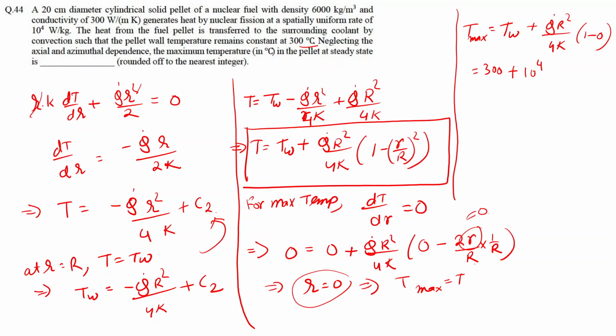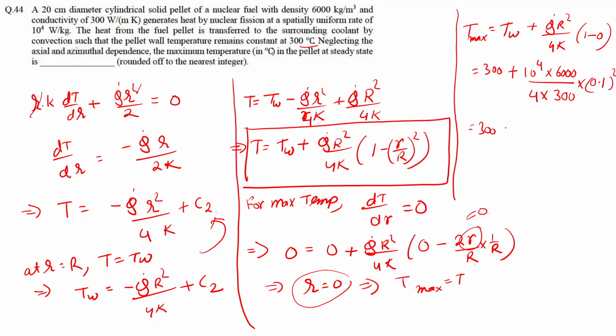Now this I need to change into suitable units, so I will just multiply it by the density: 10 raised to 4 into 6000, upon 4 into k, which we have been given as 300, into the radius squared. Diameter is 20 centimeters, so radius will be 0.1 meter, 0.1 whole square.